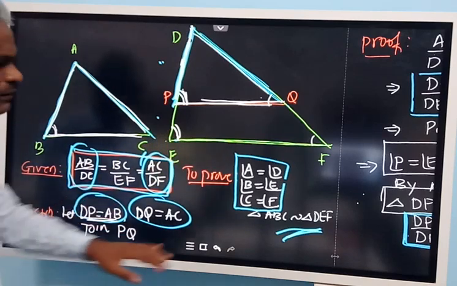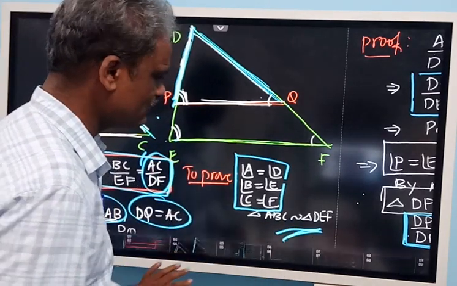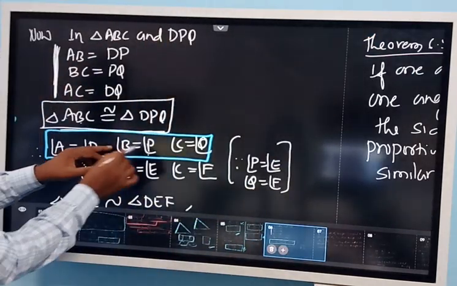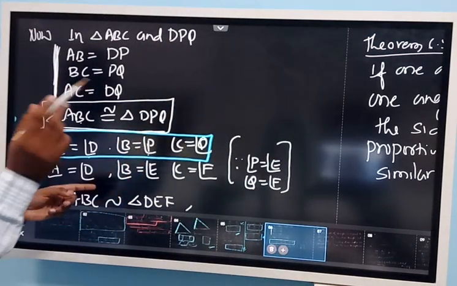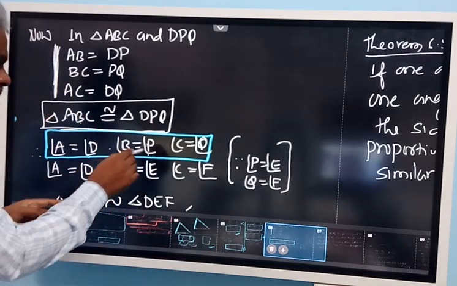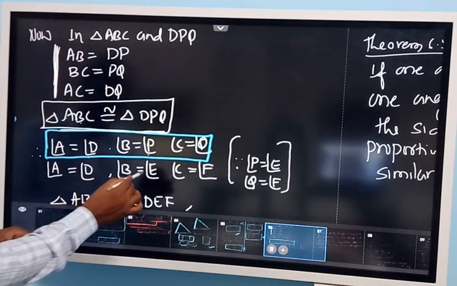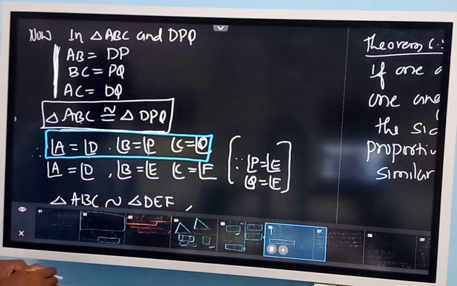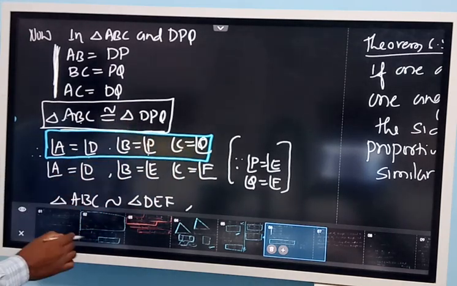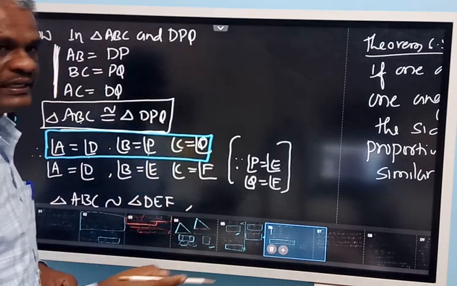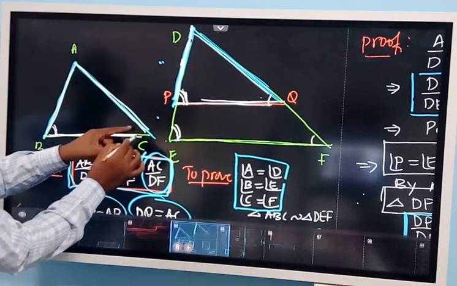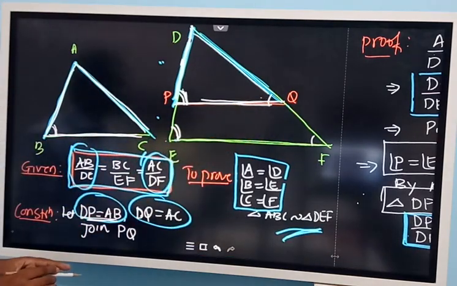In the same way, look at this. I will go back to that one again. We have B is equal to P, and P is equal to E. Therefore, I can write B and E are same. C is equal to Q, we have already proved.